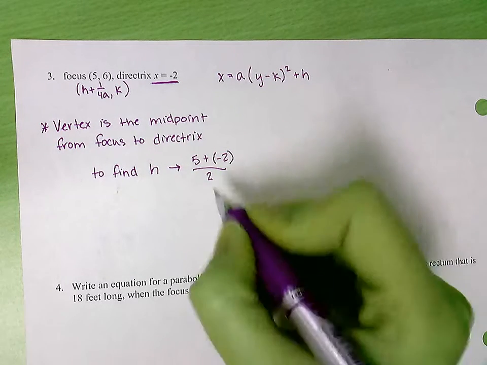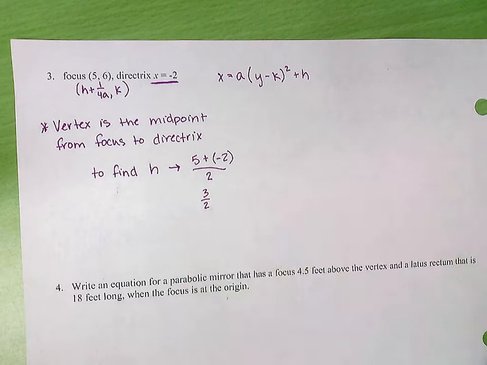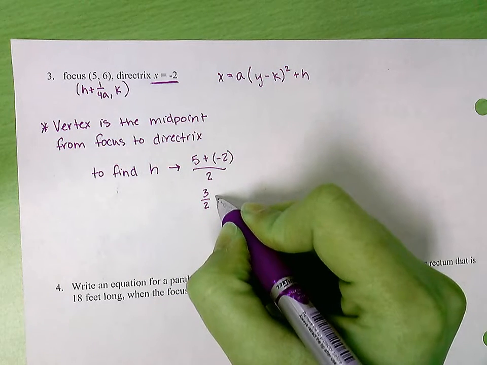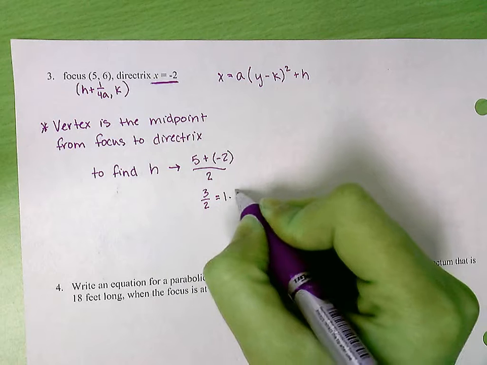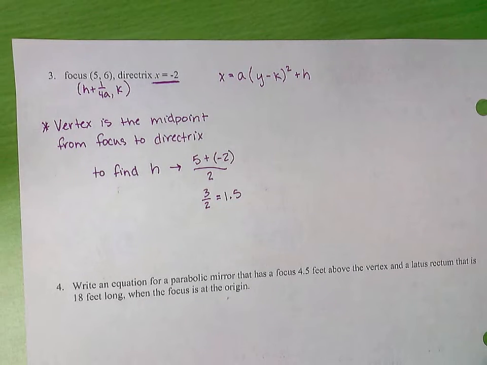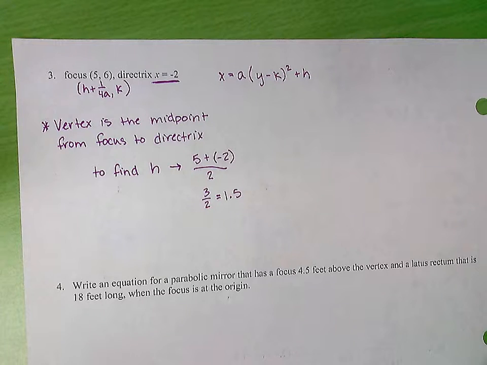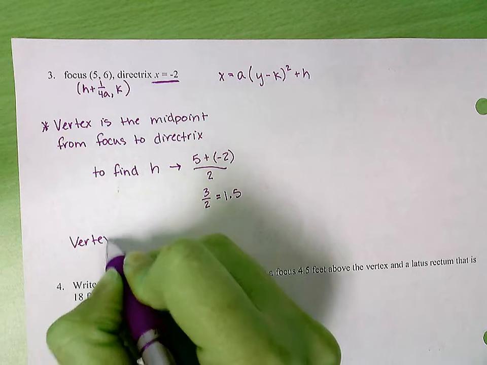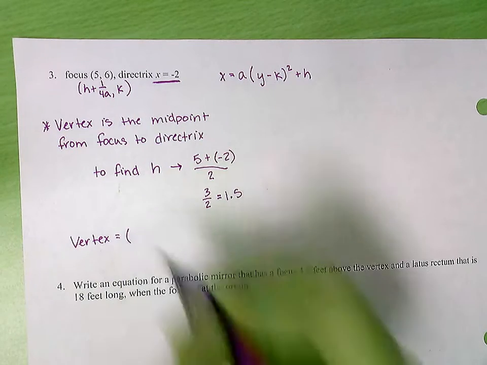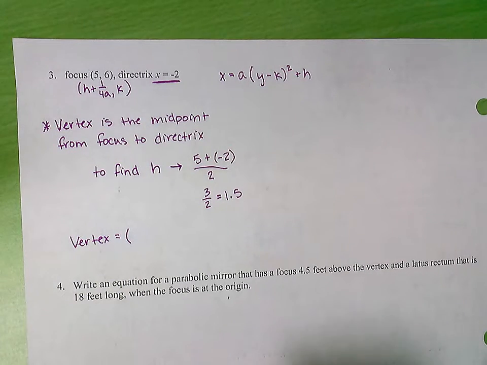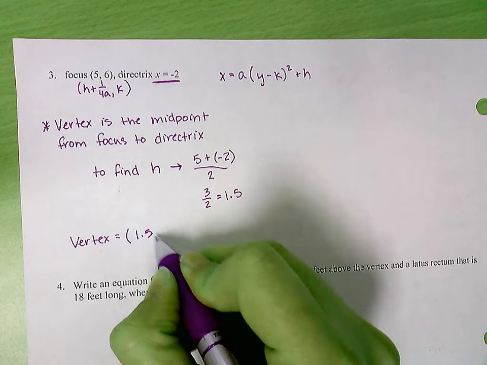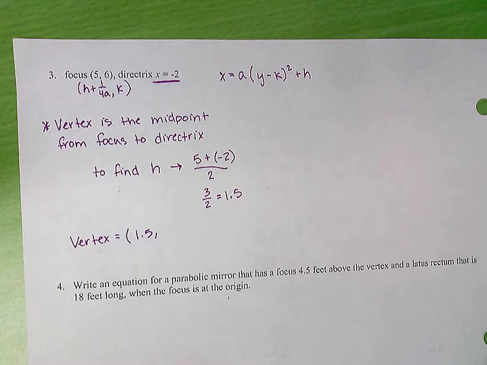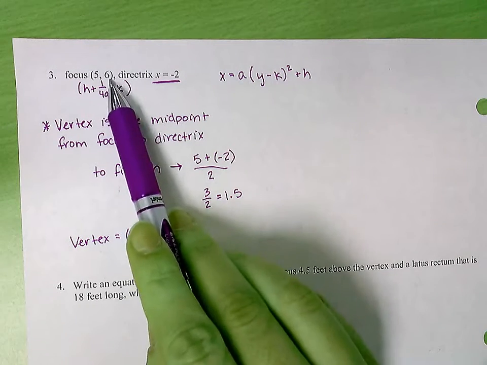Okay, so when I do that, I get 3/2, okay, which is 1.5. Okay, so that's h. So now I know what my vertex is. It is 1.5, comma, my k value I was already given is 6.